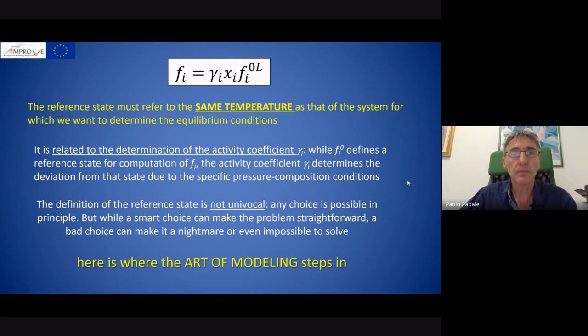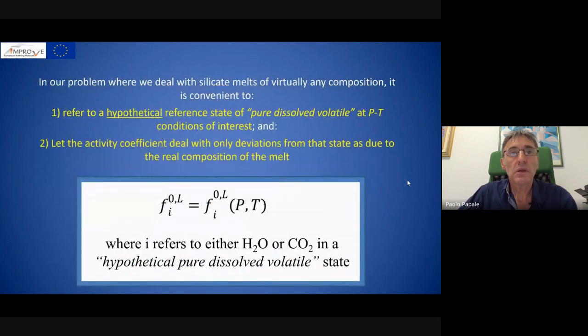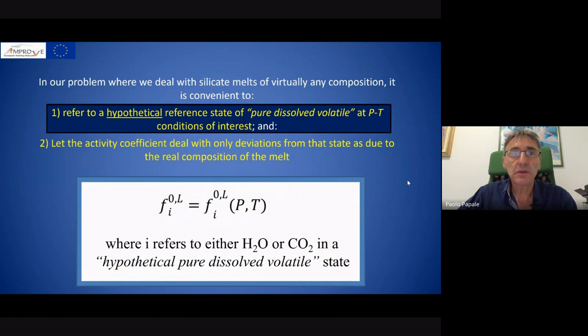Here is a choice that in many situations characterized by ample compositional variability turns out to be a smart one. Let's assume there is some hypothetical state associated to each dissolved volatile, and that describes the behavior of the pure dissolved volatile. Well, this short statement here requires some explanation.